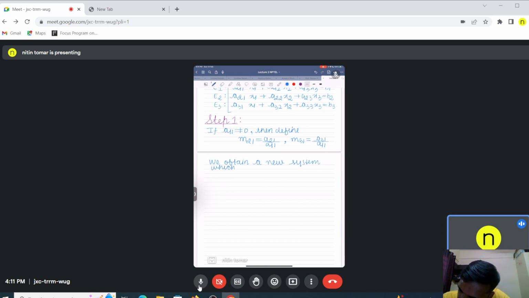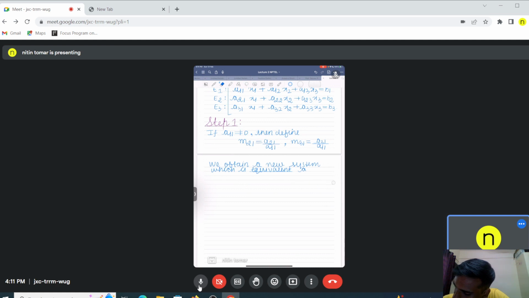When do we say two systems are equivalent? When both of them represent the same linear equations, right? For example, this equation and this equation, they are equivalent, correct? Which is equivalent, as follows.